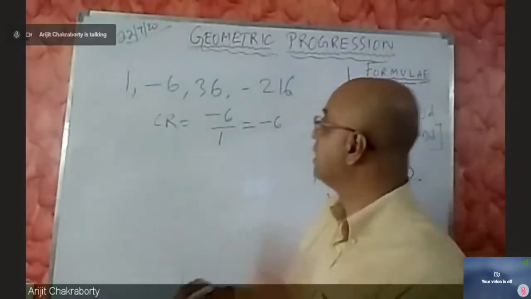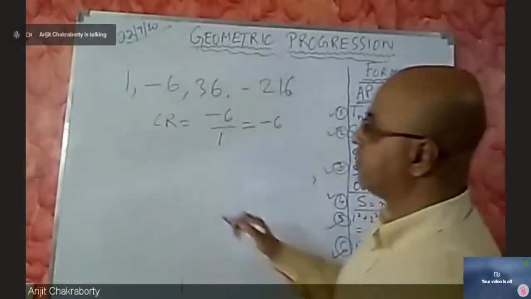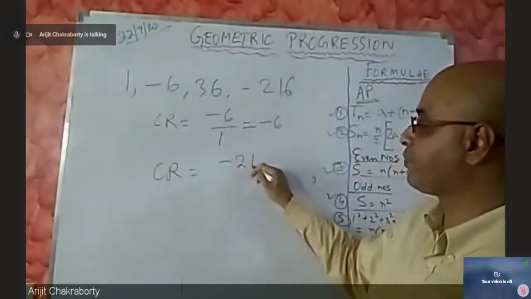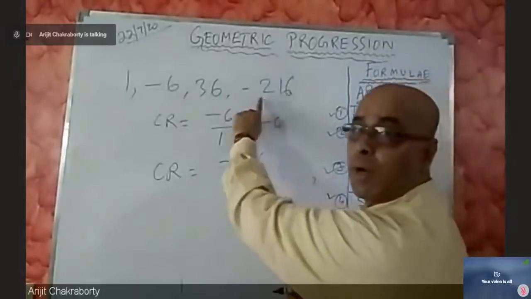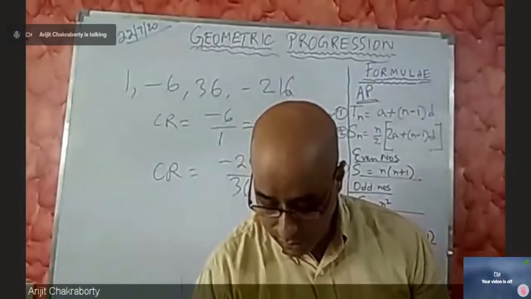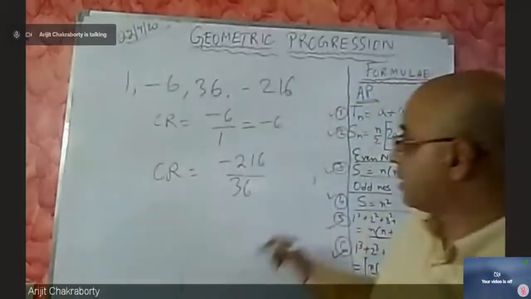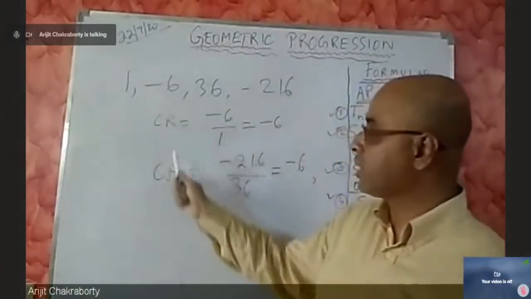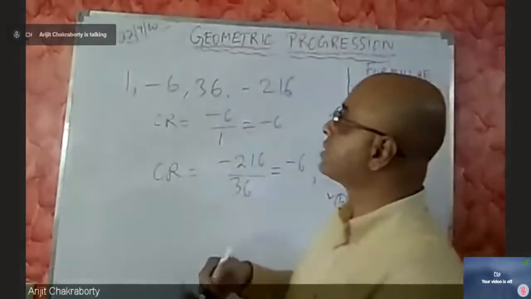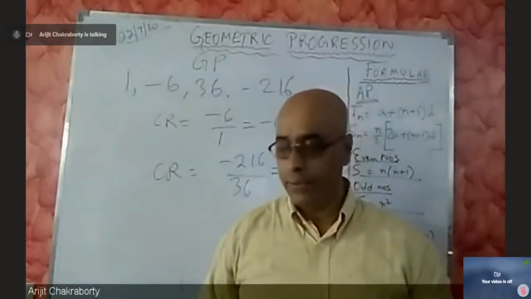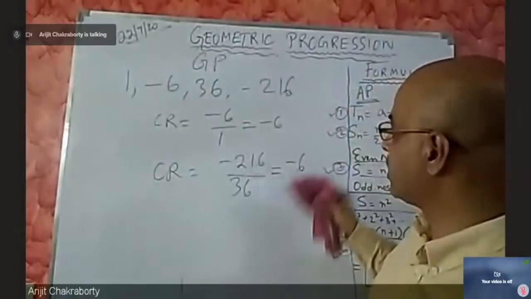Fine. I will take minus 216 to find out the common ratio, and I take the number preceding, so it is 36. Let me use a calculator quickly. Yeah, here again we have minus 6. So the common ratio is same. So this is a GP, geometric progression. The common ratio in this case is minus 6.